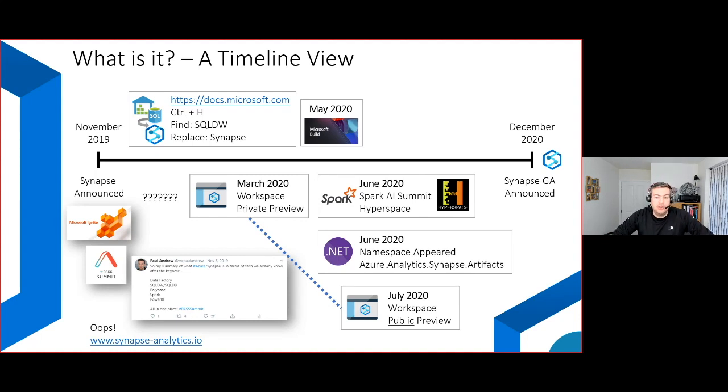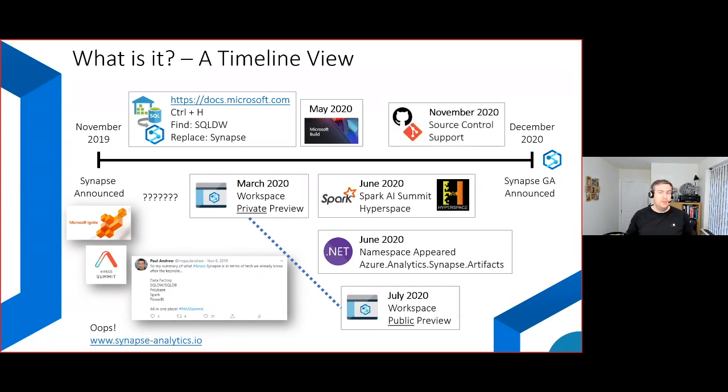We also got a .NET namespace, which you could look at, and with a little bit of reverse engineering, you could start to interpret what else was available. So this was good, this was helpful. But on this timeline, this is still a lot of time that's passed from that announcement.